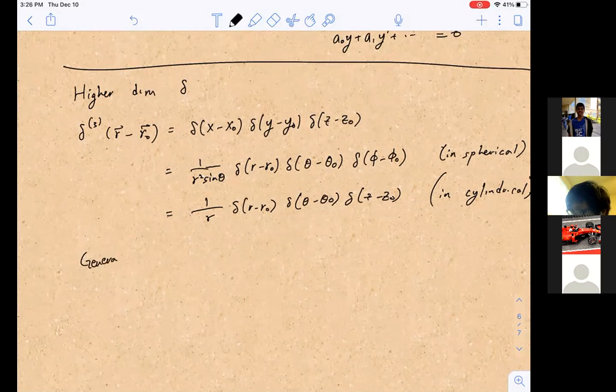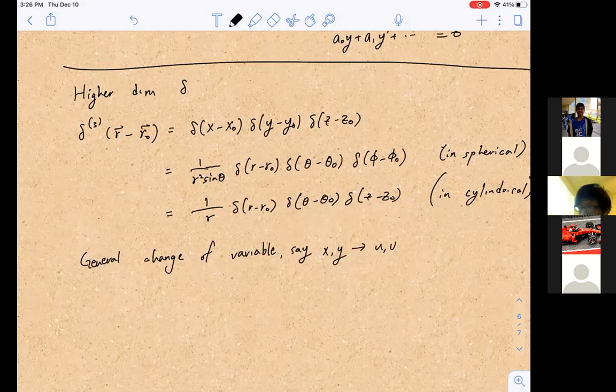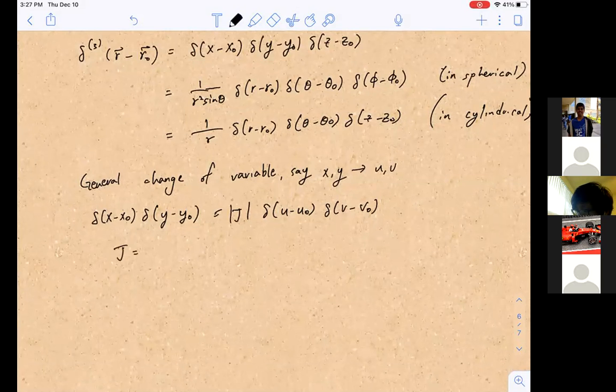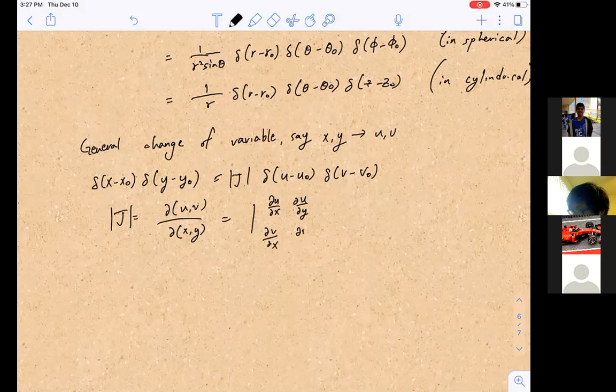In general, if you have a general change of variables, say x, y to u, v, then the delta function in x, y variables is equal to the Jacobian times the delta function in the new variables, u, v. So the Jacobian is this thing, from the beginning of the quarter: partial u partial x, partial u partial y, partial v partial x, partial v partial y.